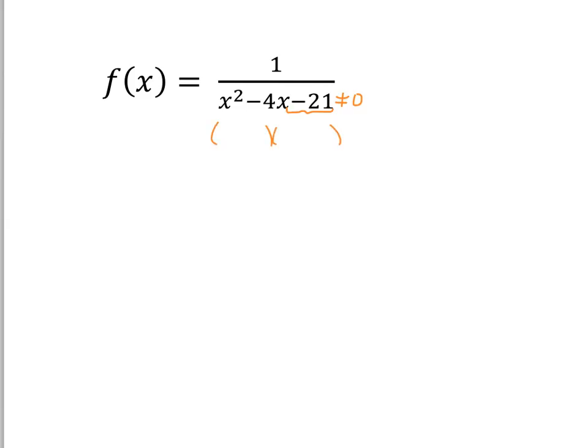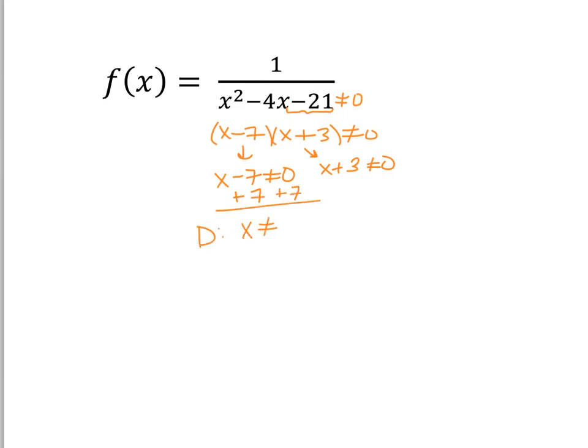If we think negative 7 and positive 3, that would give us x minus 7 and x plus 3 as factors. And if we say they can't equal 0, then x minus 7 can't equal 0, and x plus 3 can't. Move 7 over. And now notice for our implied domain, x can't equal 7, and x can't equal negative 3.